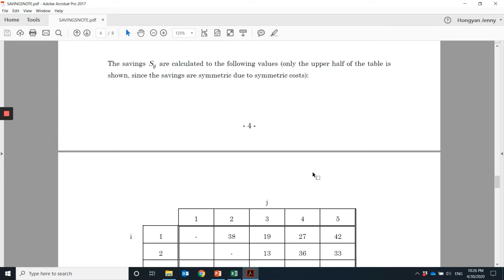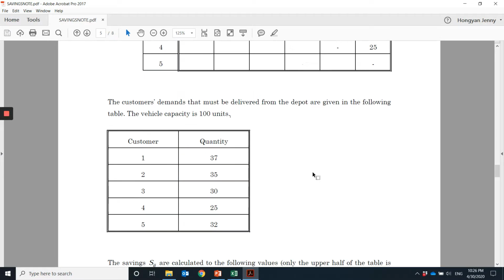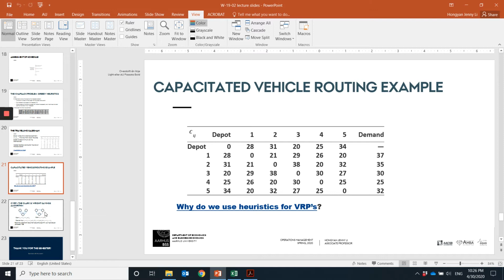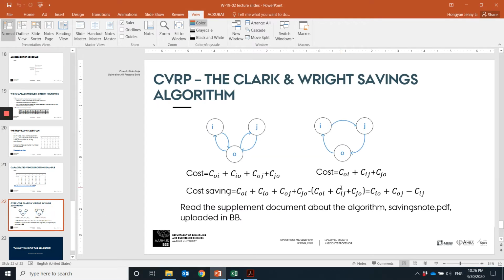Also, the idea of this heuristic algorithm, I clarified in our lecture slides. This is the central idea of the Clarke and Wright savings algorithm.